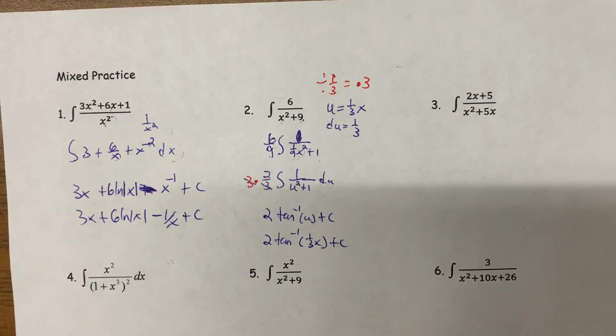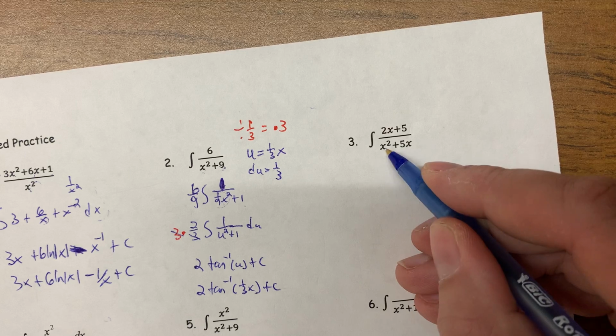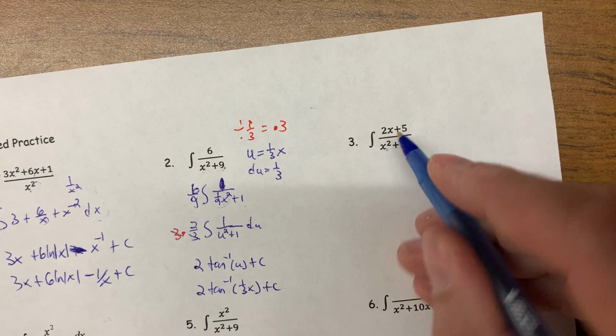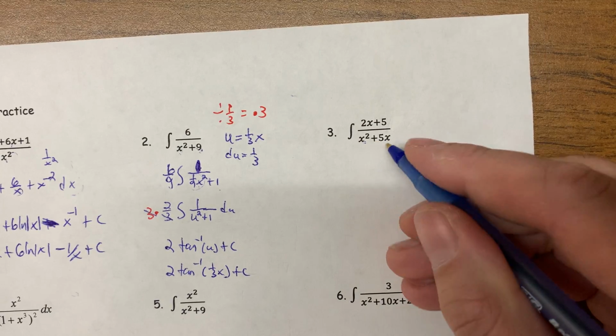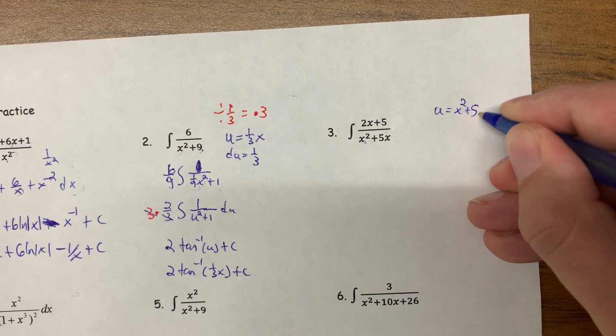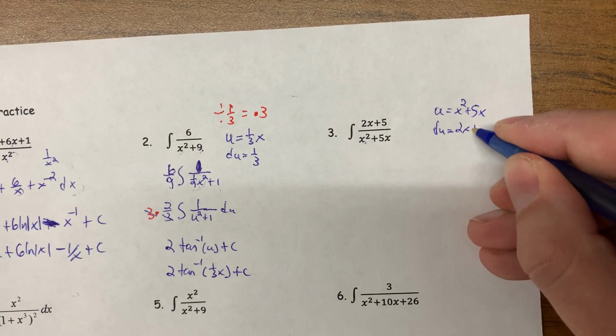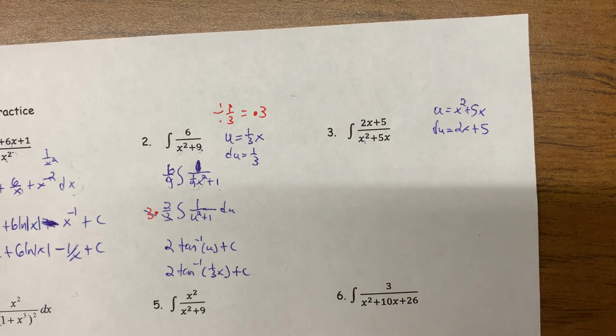So tricky stuff, guys. How about this one? Well, okay, so there's not a single thing. There is a quadratic, but it's not a constant in the numerator. This looks like maybe it'll be a u substitution. Let's check. If u is x squared plus 5x, the derivative is 2x plus 5, and there that is in the numerator.